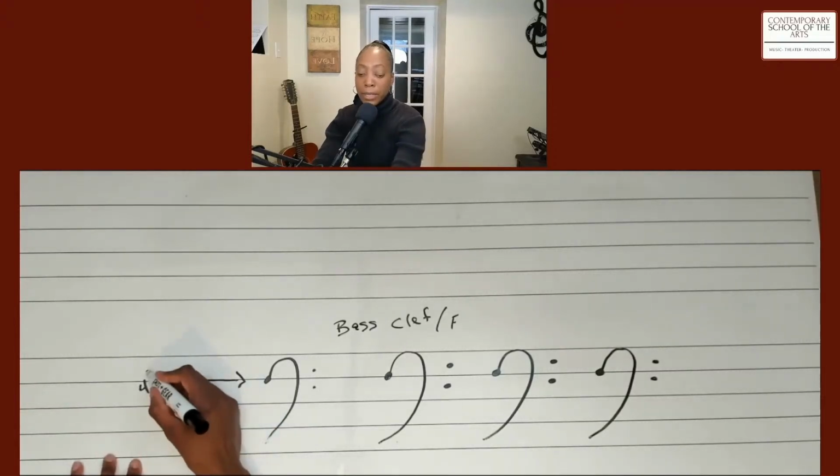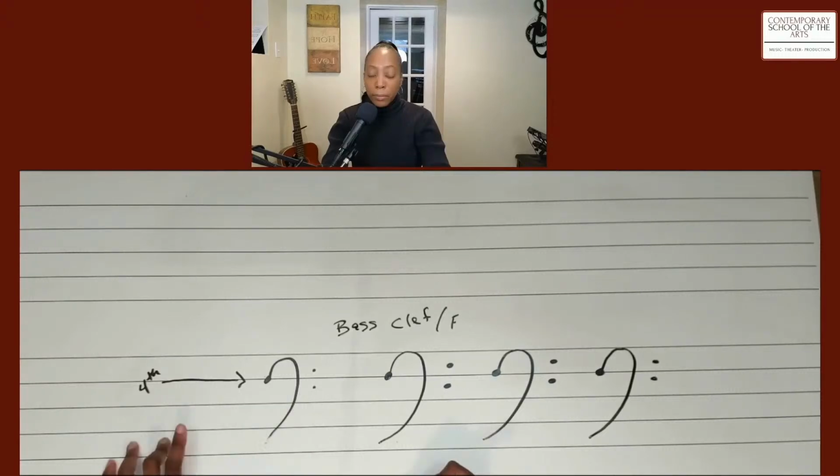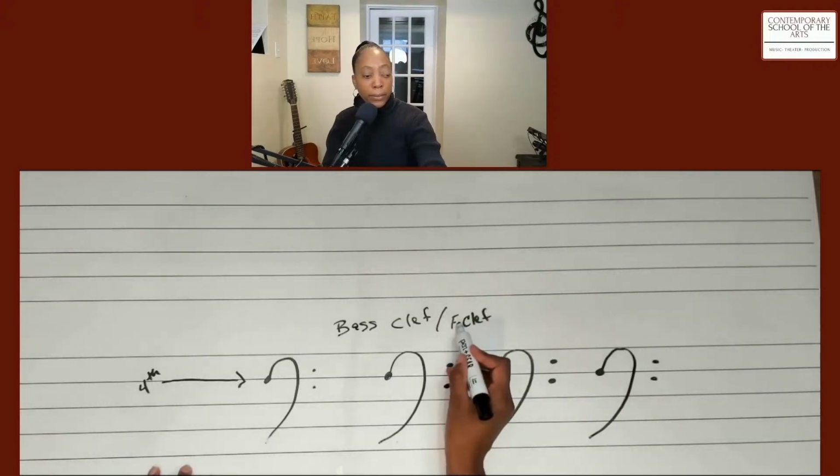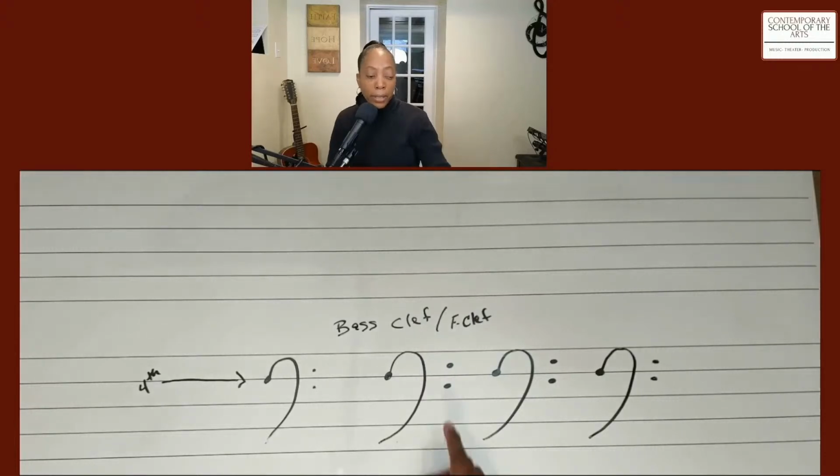This fourth line, once we talk about notes, you will understand that the fourth line in the bass clef is the F note, and the bass clef has two names. It has the bass clef and the F clef, okay? So that's why you want to make sure you put the two dots splitting the fourth line, not the third, not the fifth, not the second or the first, but the fourth line.